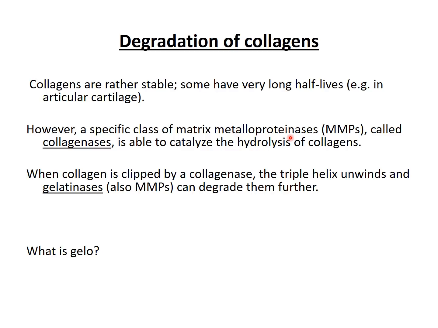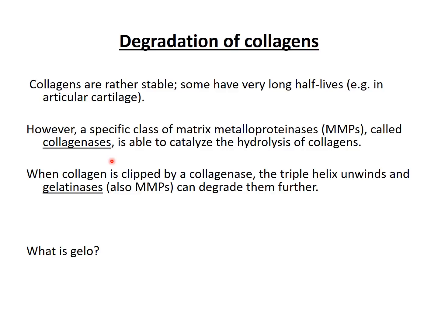These are called collagenases because they can attack the triple helical collagen. It's very rare that there is a need for that, but it does happen because we do reform our extracellular matrices. Now, what happens when these MMPs or collagenases cut the triple helix?